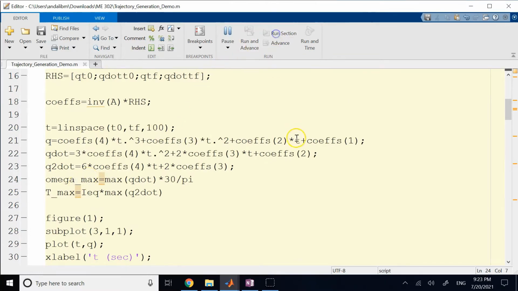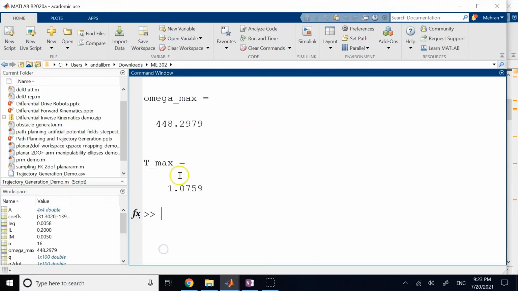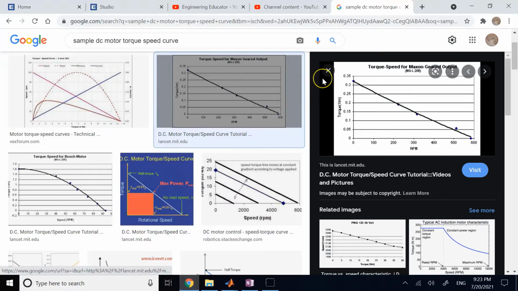And if I run this to get my plots, now if I go and look at the values, max RPM is 448 RPM, and max torque is 1.07 Newton meters, right? Now if I search for a specific DC motor, I get this kind of curve. As I said, the RPM increases, the torque drops, and vice versa.